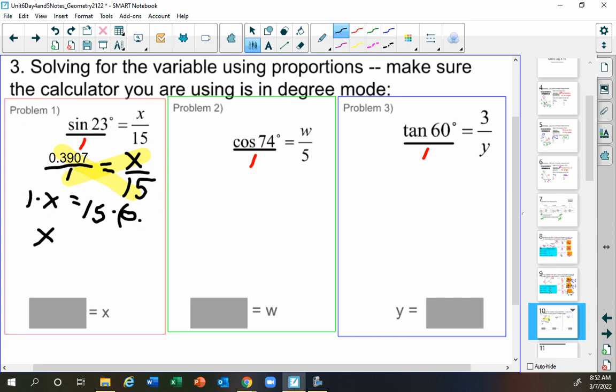So let's do it. So what was 15 times 0.3907? 5.8609. All right.